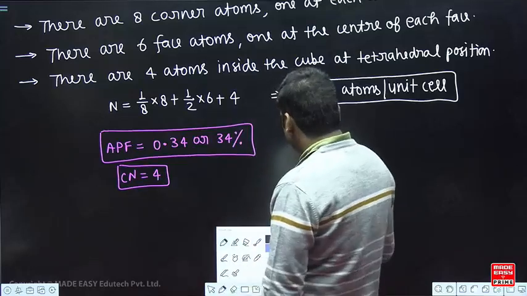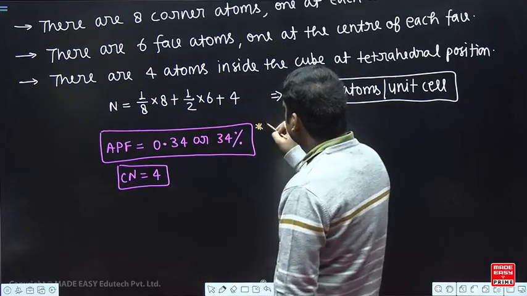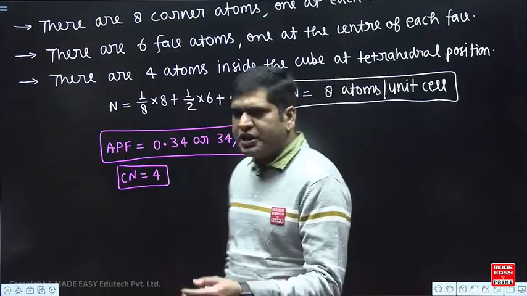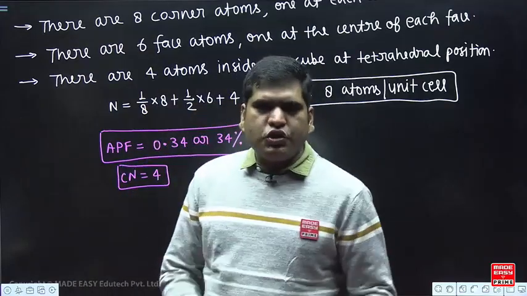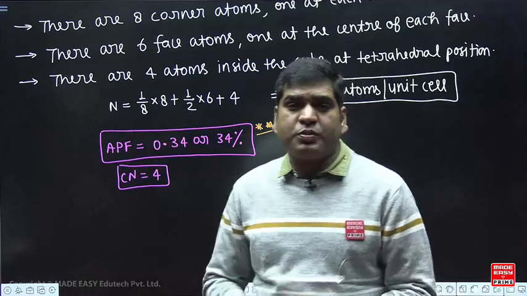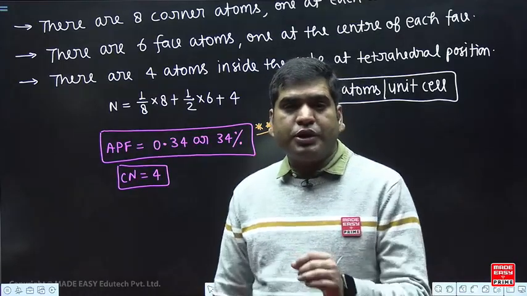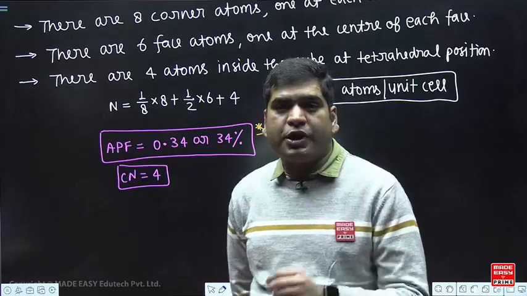This value is very important. Till now we have studied APF as 52%, 68%, 74%. You see FCC, that is 74%, heavily packed. Only 26% of the volume is void in a cell.